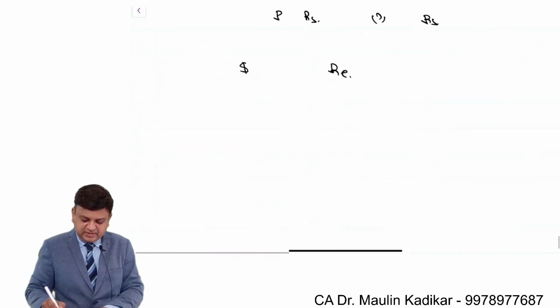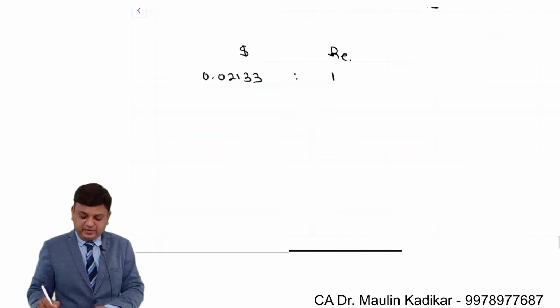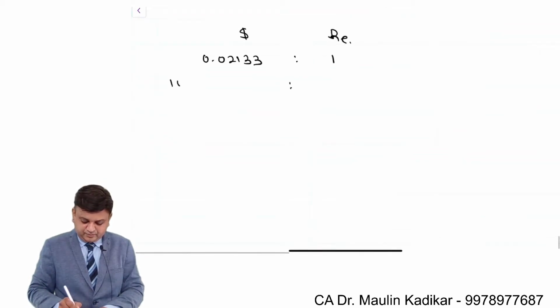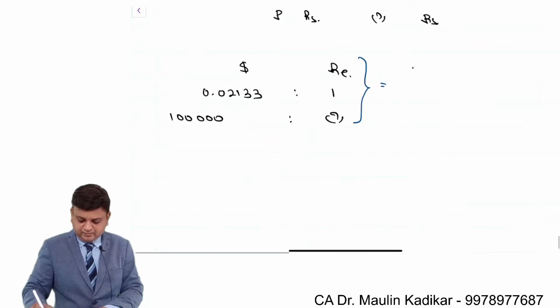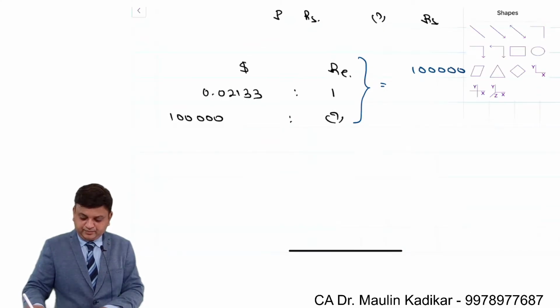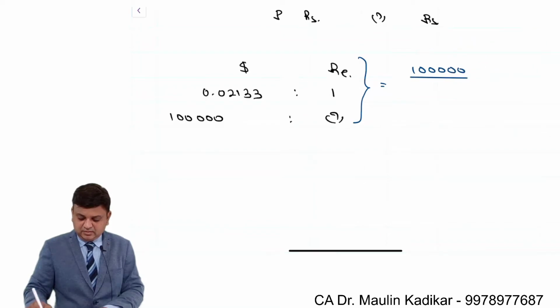So dollar and rupees, $0.02133 is equal to 1 rupee. So for $1 lakh, this is the amount of rupees. So 1 lakh into 1 divided by 0.02133.